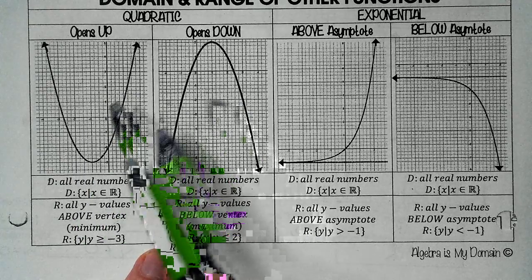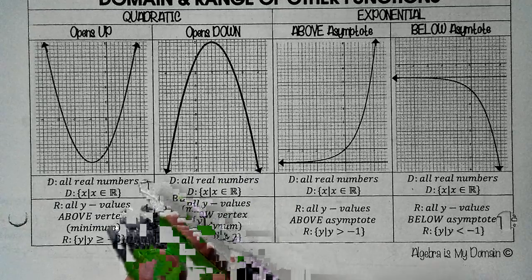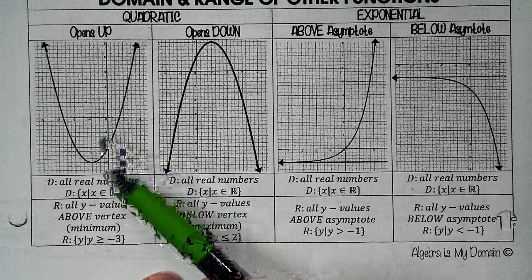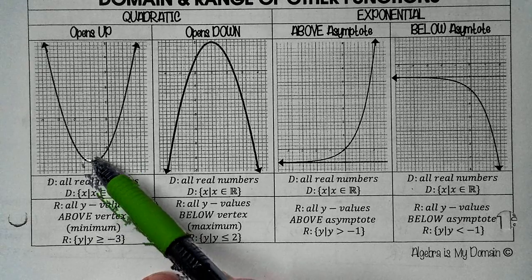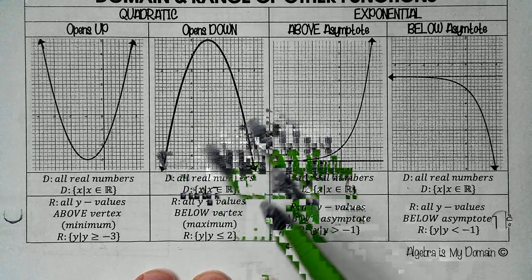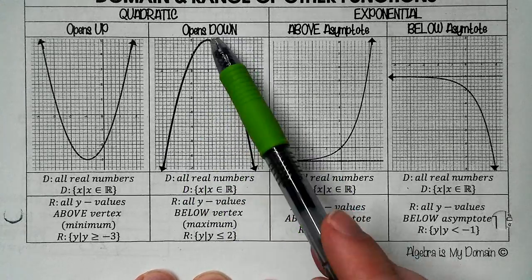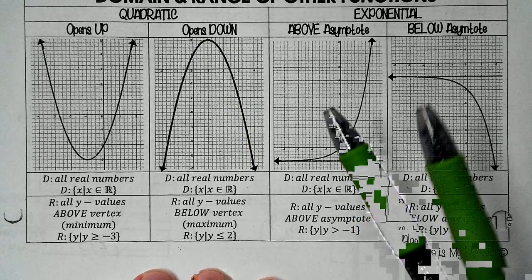The domain is still all real numbers. On this one, the minimum was at -3, so the y values were greater than or equal to -3. On this one, our parabola opens down. Our domain is still all real numbers. Y values hit at the max, which is at (1, 2), so they are less than or equal to 2.